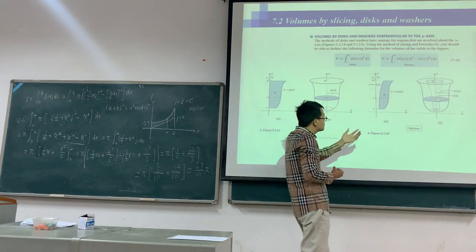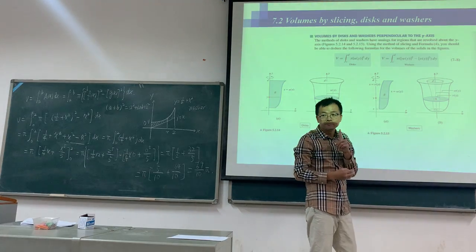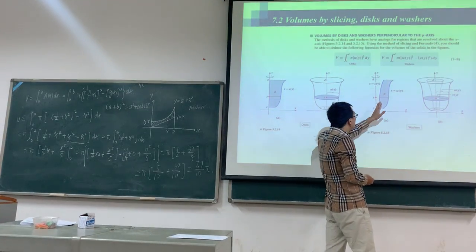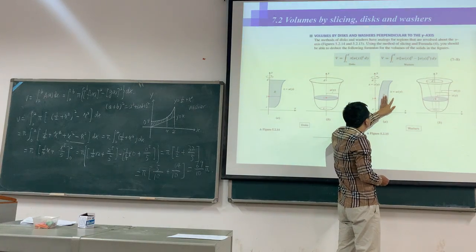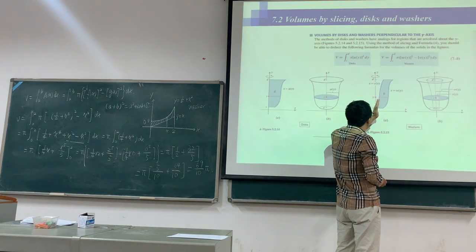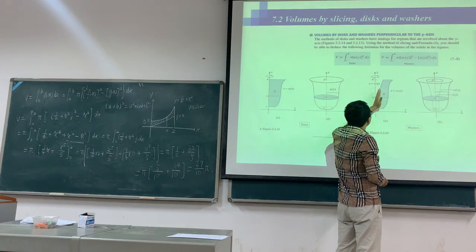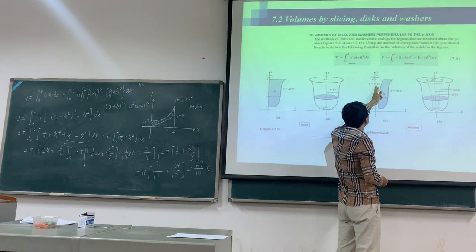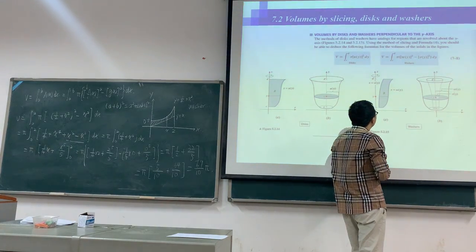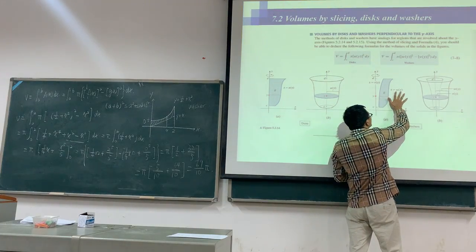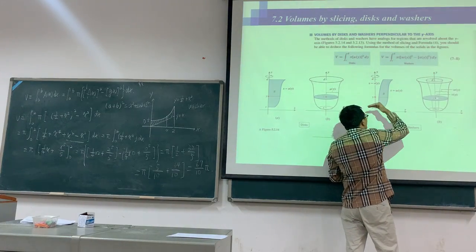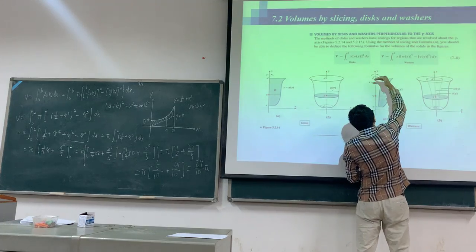And for this case, it's the same. Here R is the region bounded by the left curve, x equal to v(y), and the right curve, x equal to w(y), from y equal to c to y equal to d.